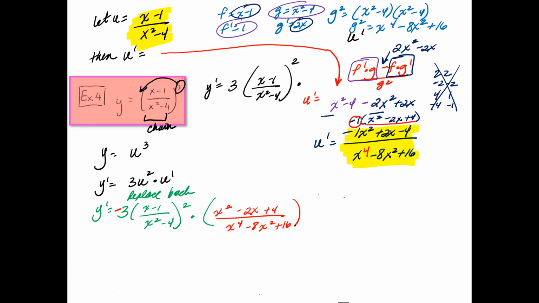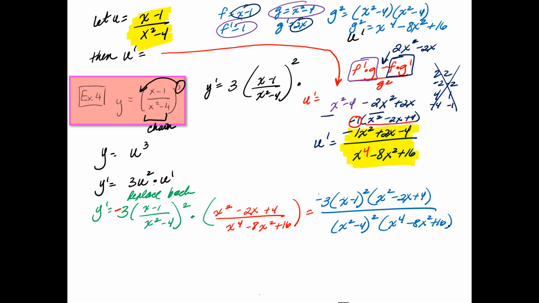So at this point, you can leave it like this, or if you want to make this a little bit better looking, because unfortunately, there's nothing that we can really cancel, you can rewrite it as negative 3 times x minus 1 squared times x squared minus 2x plus 4, over x squared minus 4 squared times x to the 4th minus 8x squared plus 16.